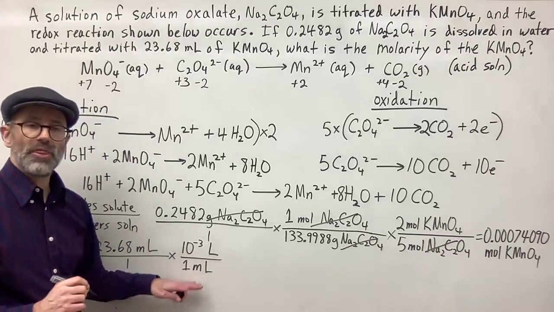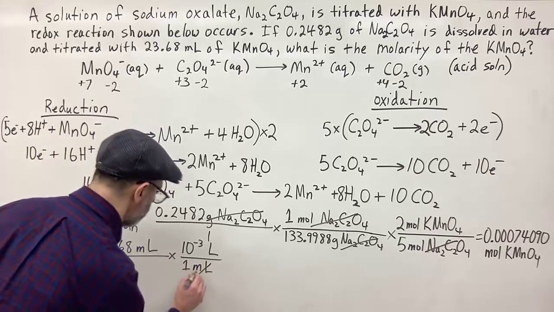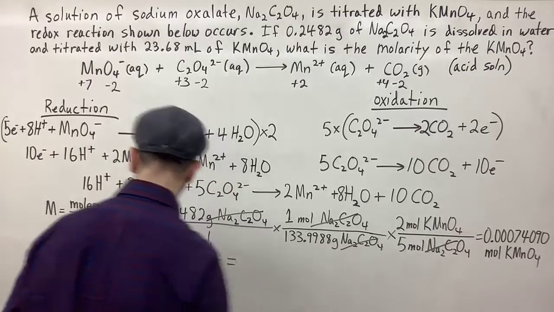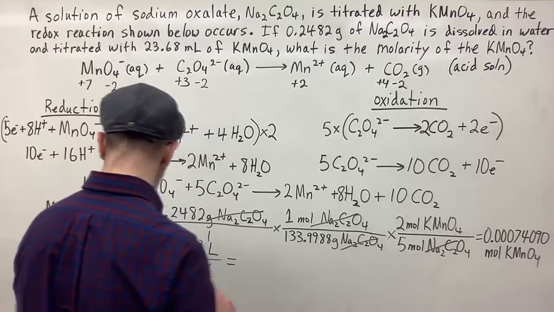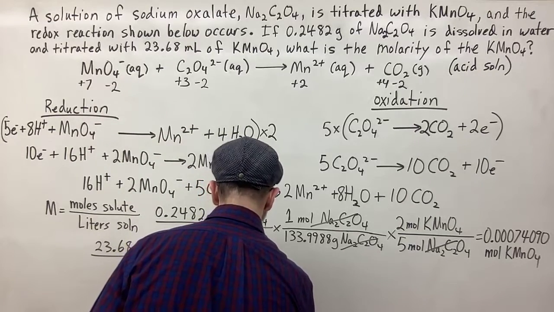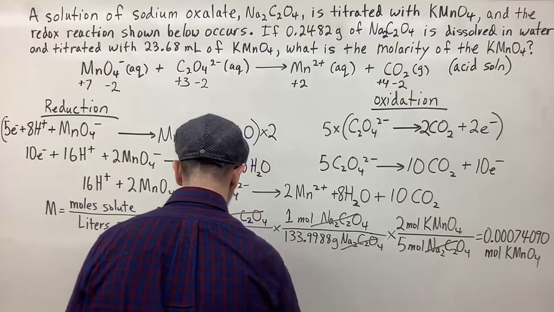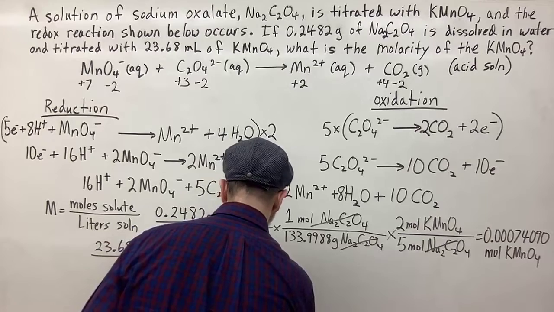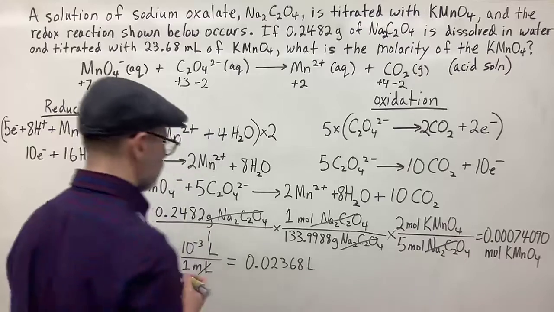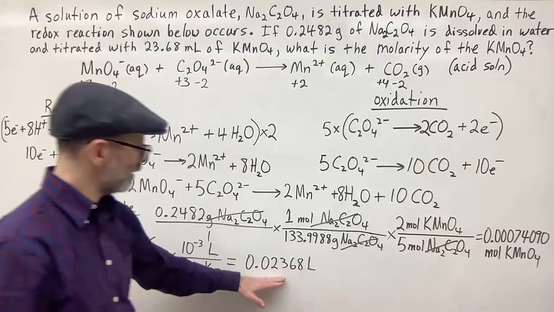Again, you could do 1,000 milliliters is equal to 1 liter. It's the same ratio. So here, milliliters cancels out, and now I get my answer: 0.02368 liters.